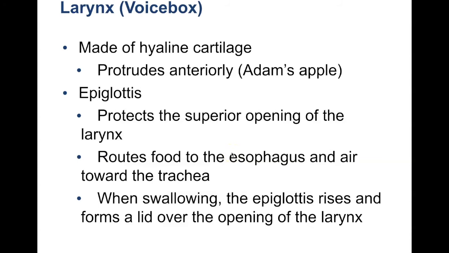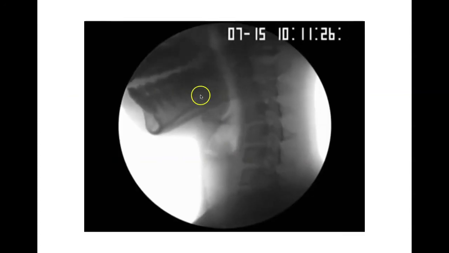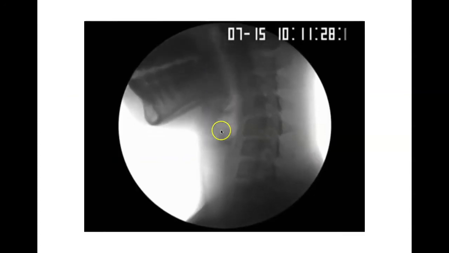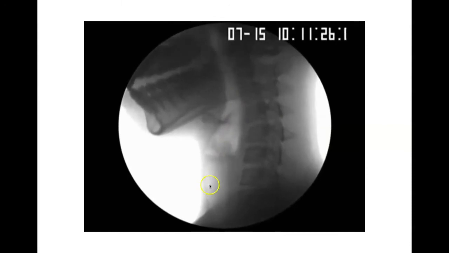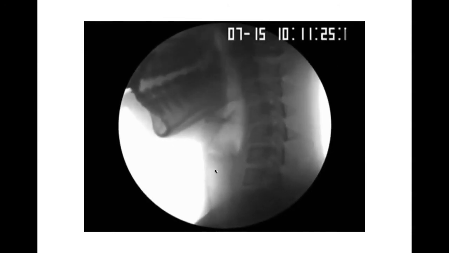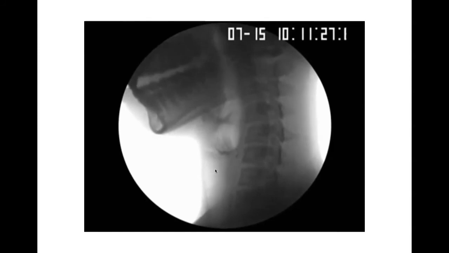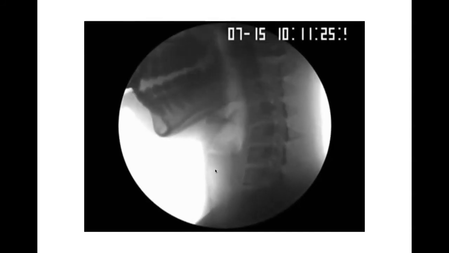And that's extremely important, because if we were to have those fluids slip past this epiglottis and get into the larynx, not only will we start to cough on it, but if we had enough fluid that started to get down that way, that could be what leads to pneumonia.